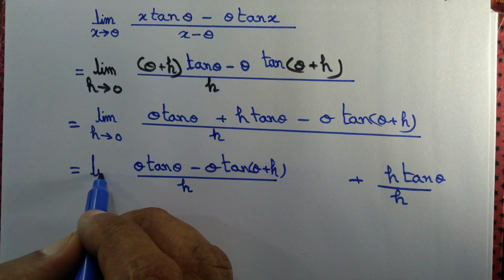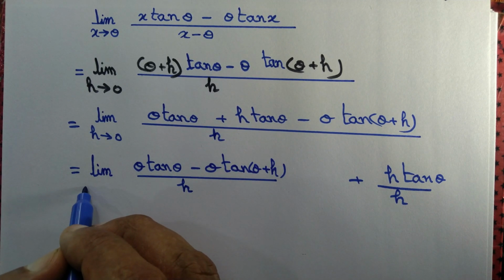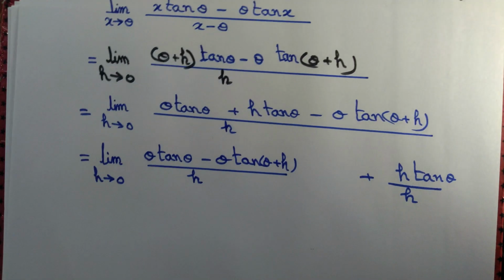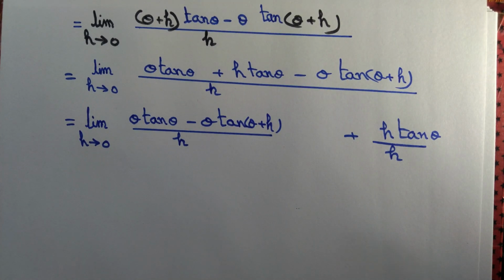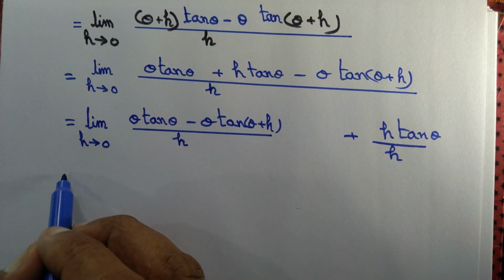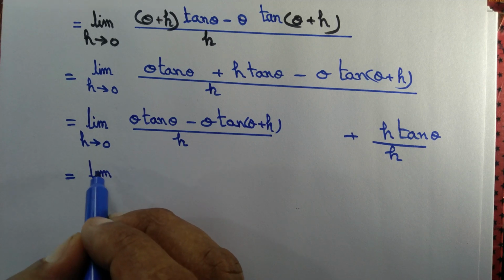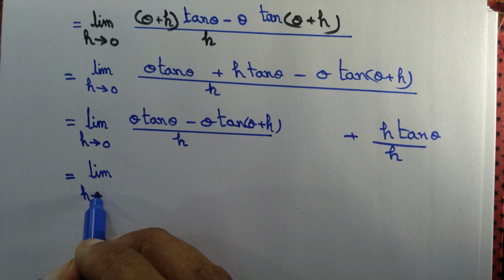Limit h tends to 0, so h is tending to 0, or we are taking h as close to 0 as possible. You see that from this expression we can take theta common and we can expand tan theta plus h. Let's do it.